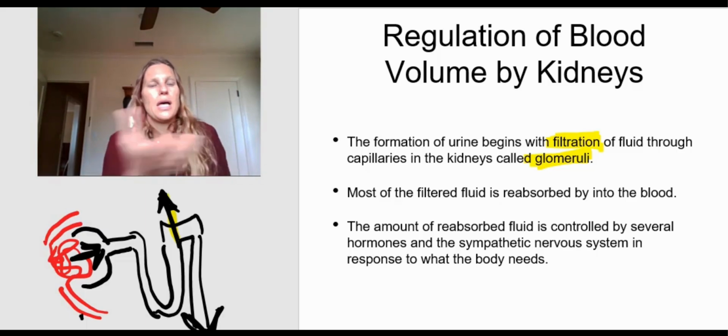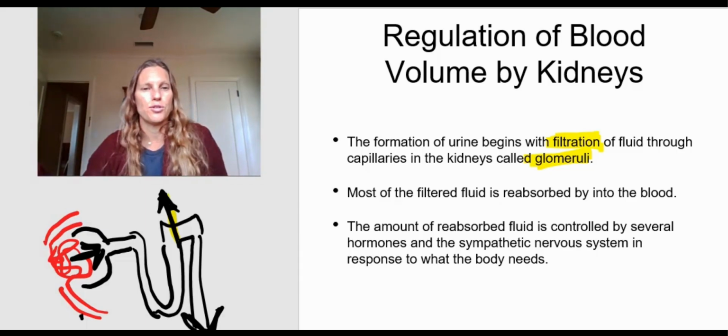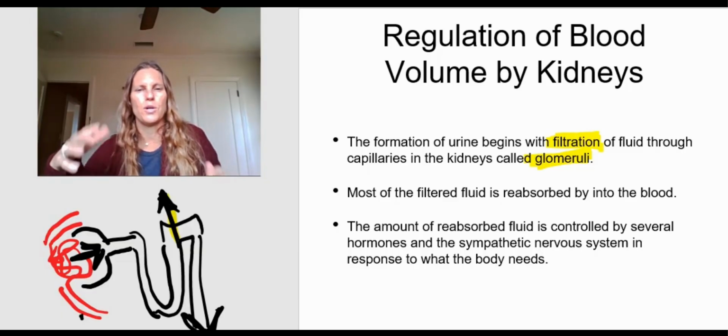So we put more blood into the glomerulus, which means we filter more. And ultimately, what that means is we're going to see an increase in urine production with sympathetic stimulation. Now, that's a lot, and we'll talk more about that later. The kidneys are incredibly complex, but I just want you to know that generally when we think about sympathetic stimulation, we generally think about an increase in urine production.